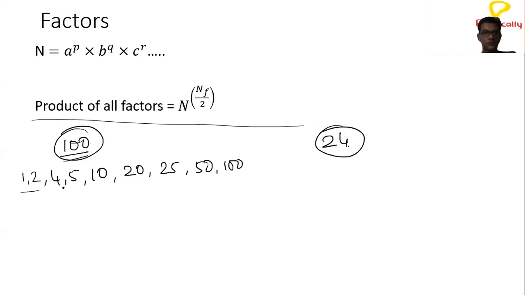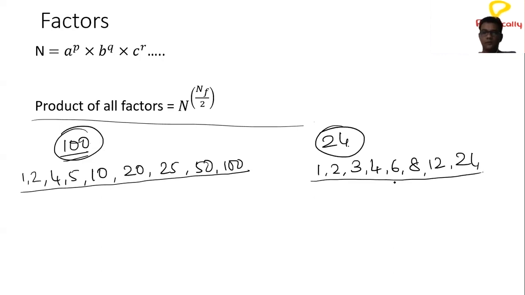These are the values that divide 100. Whereas 24, what are the values that can divide 24? 1, 2, 3, 4, 6, 8, 12, and 24. So if you see these two numbers, one number has 1, 2, 3, 4, 5, 6, 7, 8 factors, that is an even number of factors, and one number has an odd number of factors, 1, 2, 3, 4, 5, 6, 7, 8, 9.